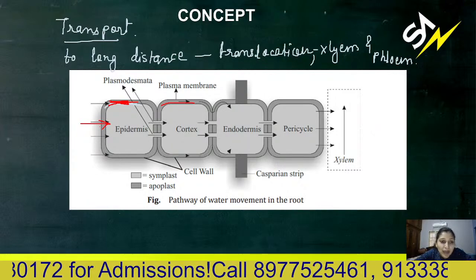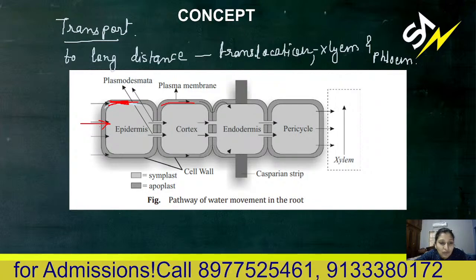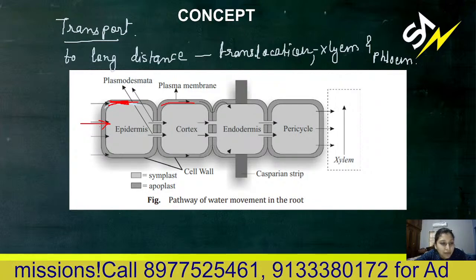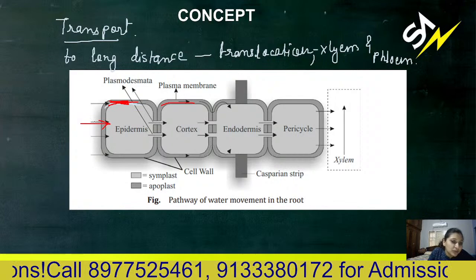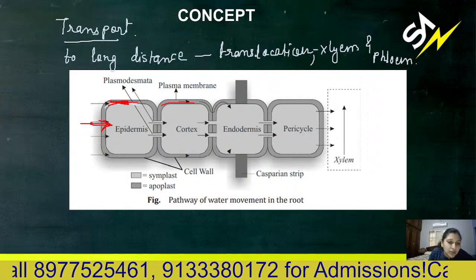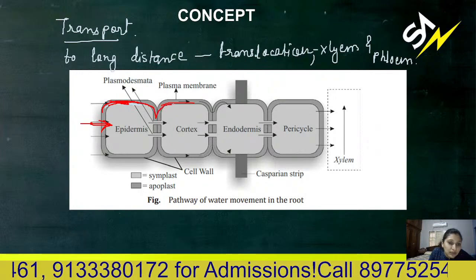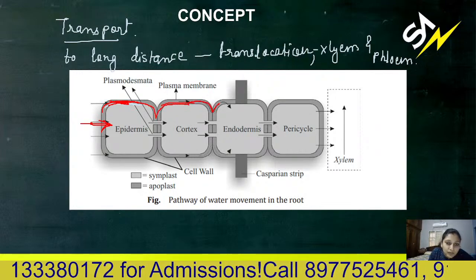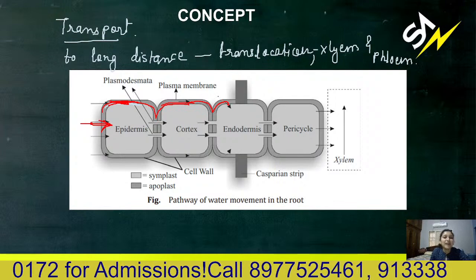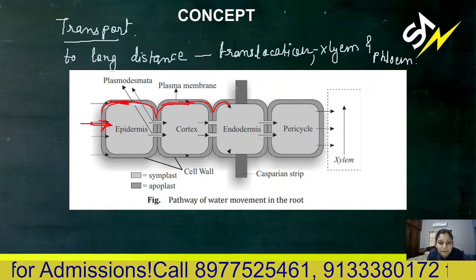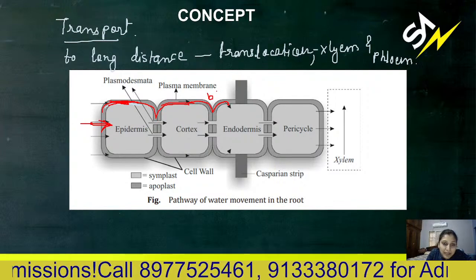The epidermis is a single layer, and it is directly in contact with water. So what happens here? Water either directly enters into the cell, or it can use the cell wall pathway. This type of bypass route it can use, this is a bypass highway route.